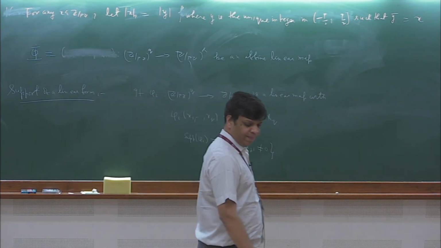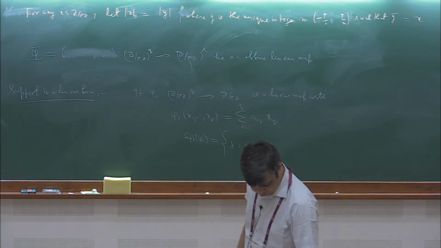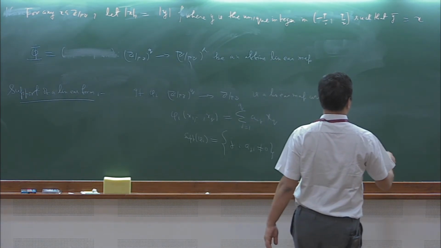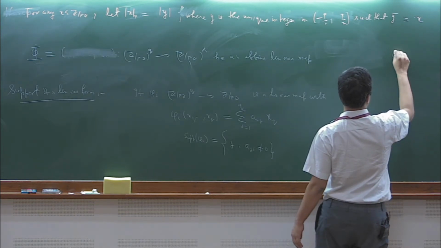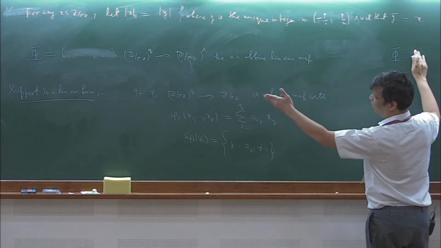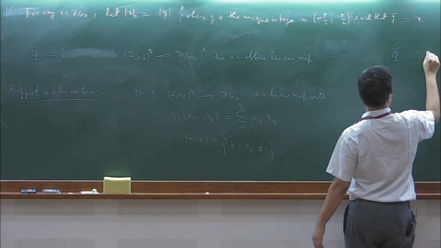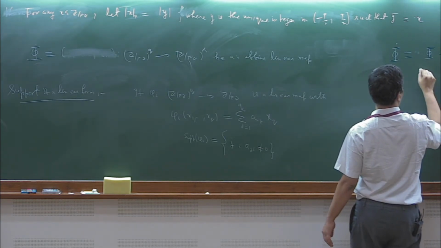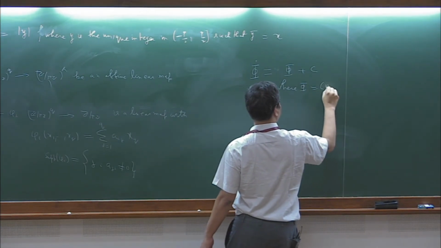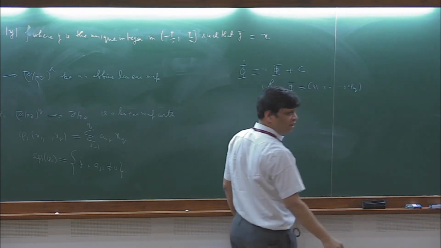All right. Now suppose phi is this affine linear map, and phi is equal to phi plus c with q a linear map.